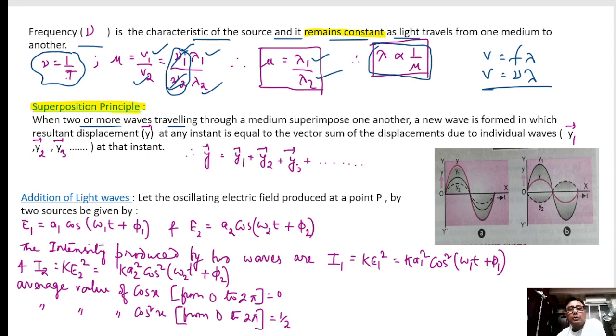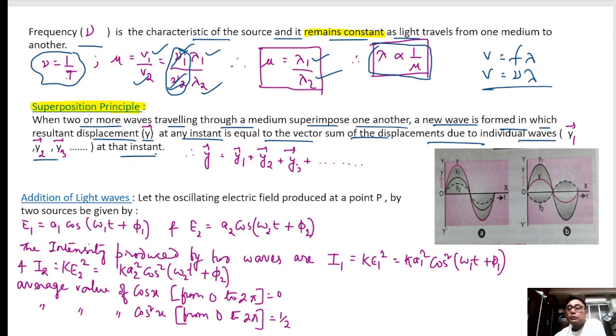When two or more waves are traveling through a medium and superimpose on one another, a new wave is formed which has a resultant displacement y at any instant, equal to the sum of the displacements due to the individual waves y1, y2, y3, etc.